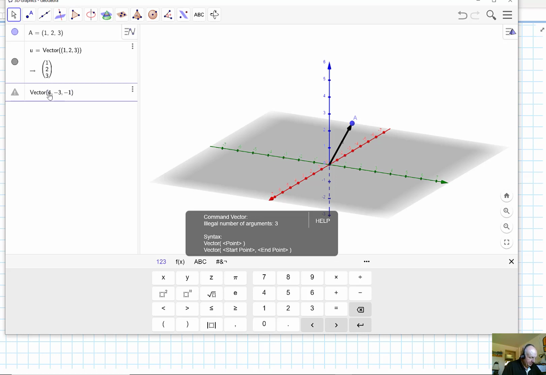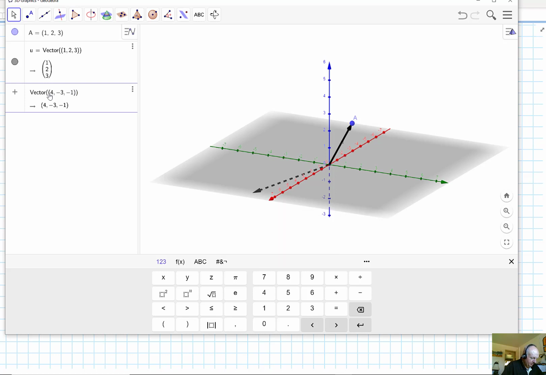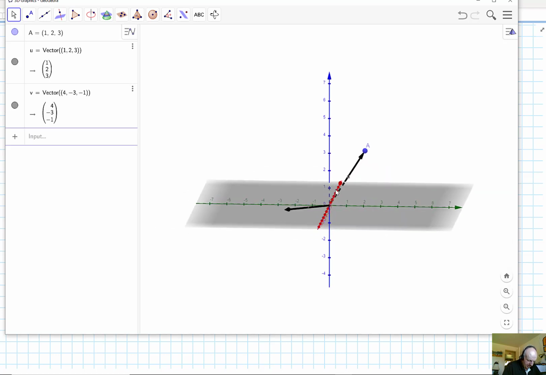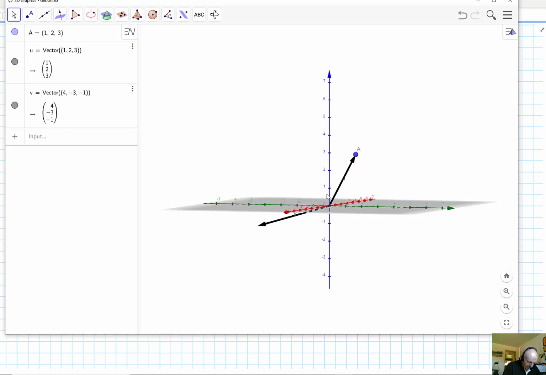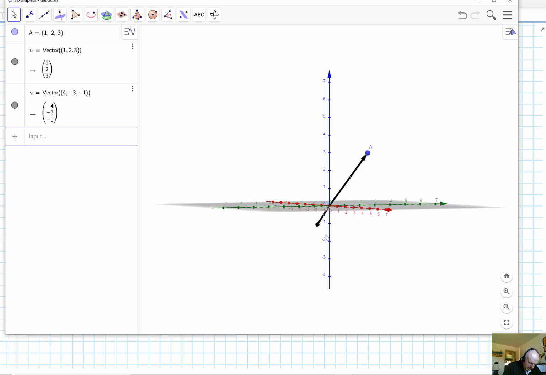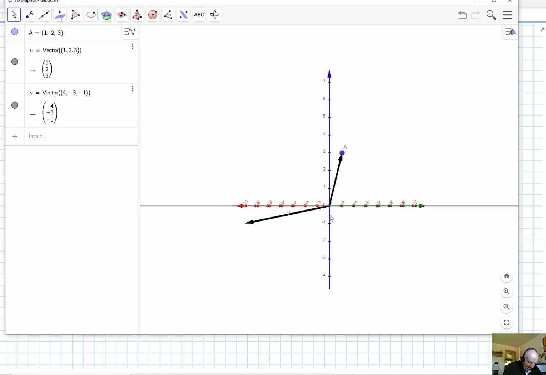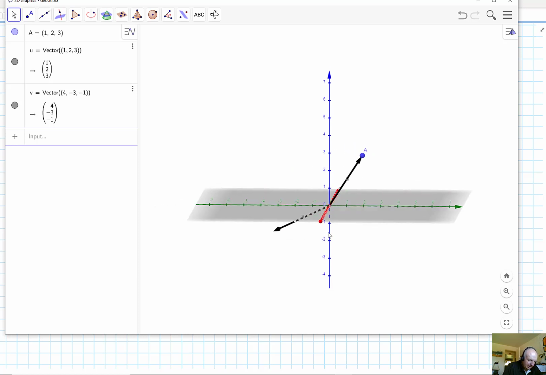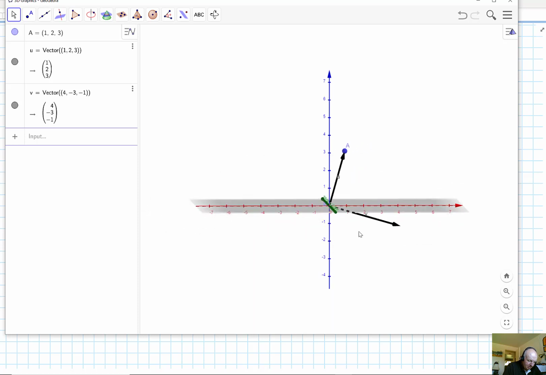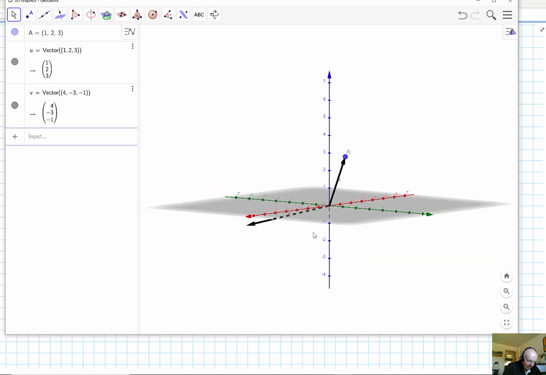You have to put parentheses around that. There we go. Bam, there it is. Now it's pointing down there, in this direction, and it looks like it's a little longer. It has a larger magnitude than that one. But those are two vector quantities, so those are two vectors.